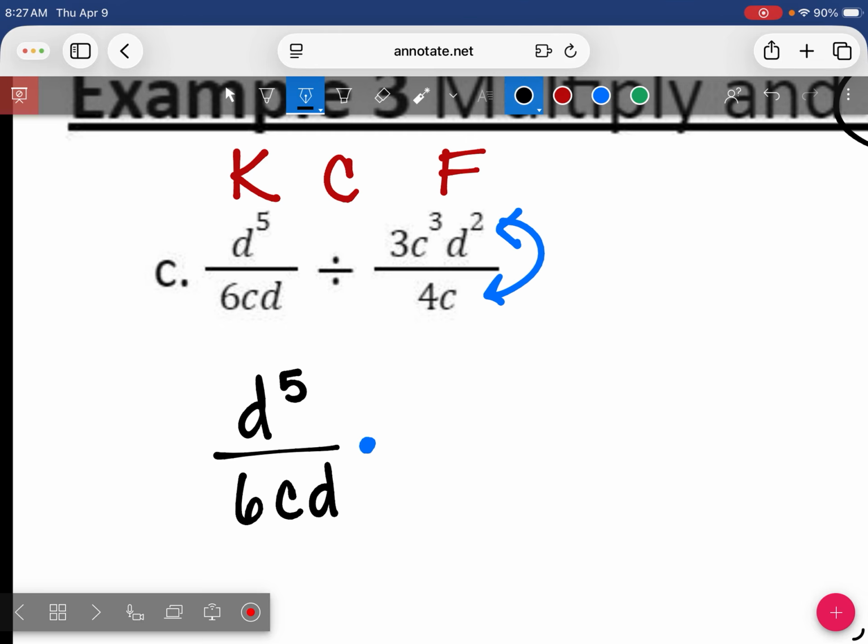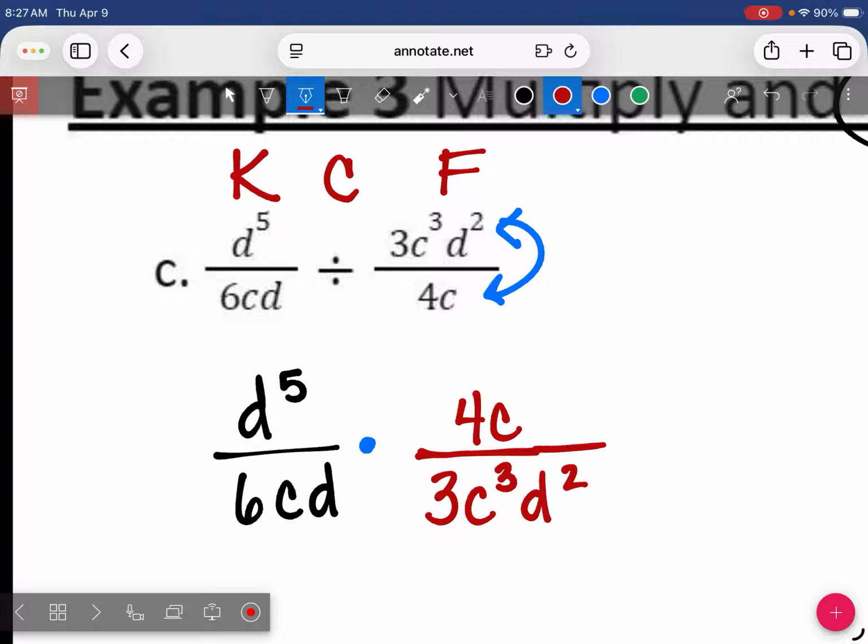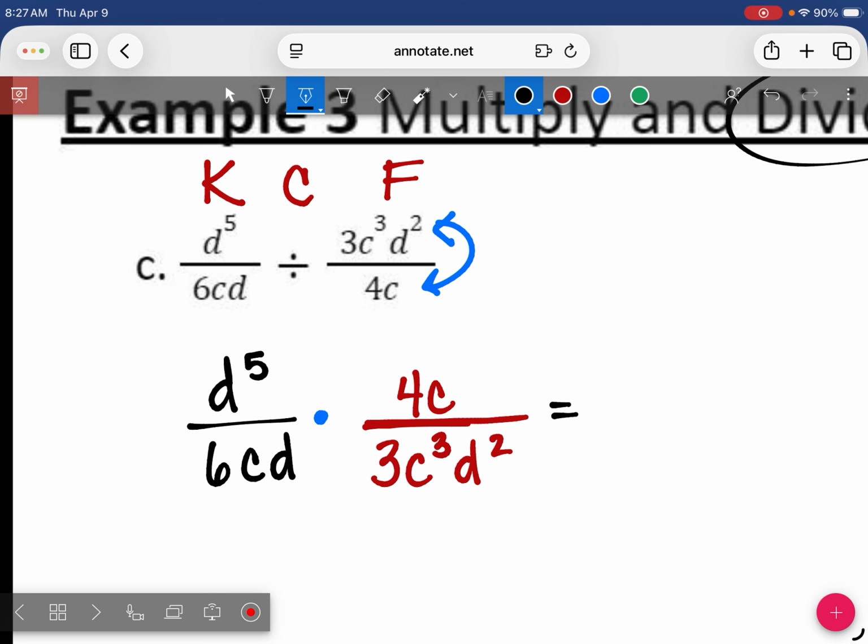So when I write my second fraction, the 4C moves up and the 3C cubed D squared moves down. That's only for division. That's the only time we have to do that keep, change, flip. All right, take a couple minutes and try to finish it out. Multiply your numbers, subtract your exponents. Go straight across.